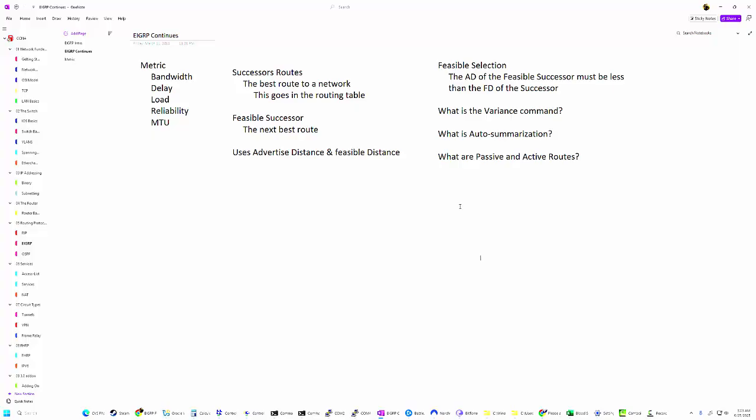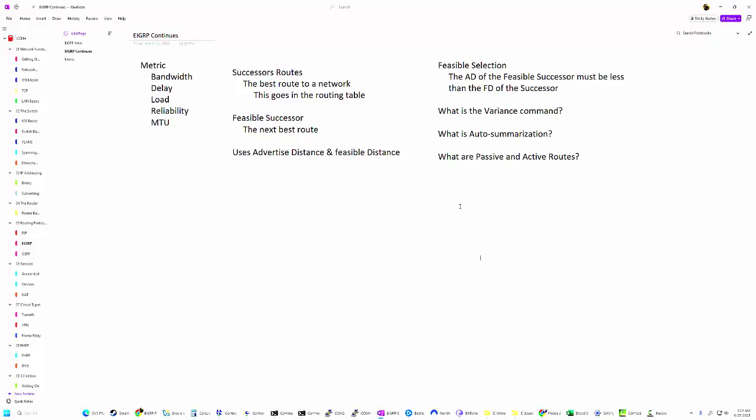So if I say variance 2, I'm saying, look, on average, any route that has a metric that is twice as bad, go ahead and share across both those links, even with that worse metric. Now, do your own research. I'm not saying that's how it does it. The variance numbers do not literally split it in half. It's kind of a rule of thumb, or just how I perceived it at the moment.